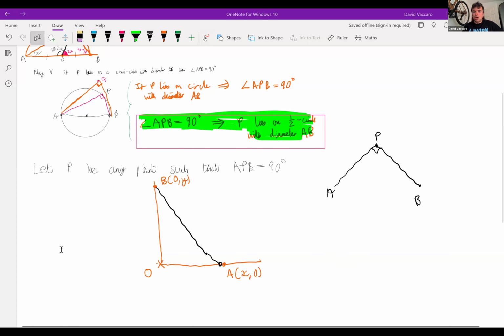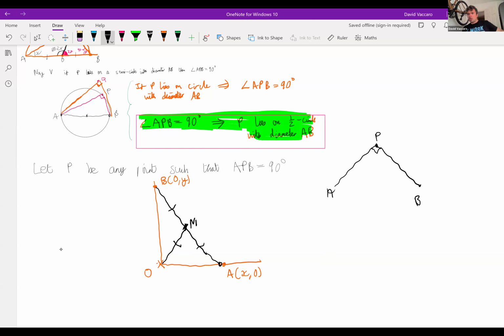So what I need to show is that O lies on a semicircle with diameter AB, which means that O lies on a circle whose center is the midpoint of AB. So if I mark the midpoint of AB as M, I need to show that OM is equal to MB, which, because M is the midpoint, is equal to MA.